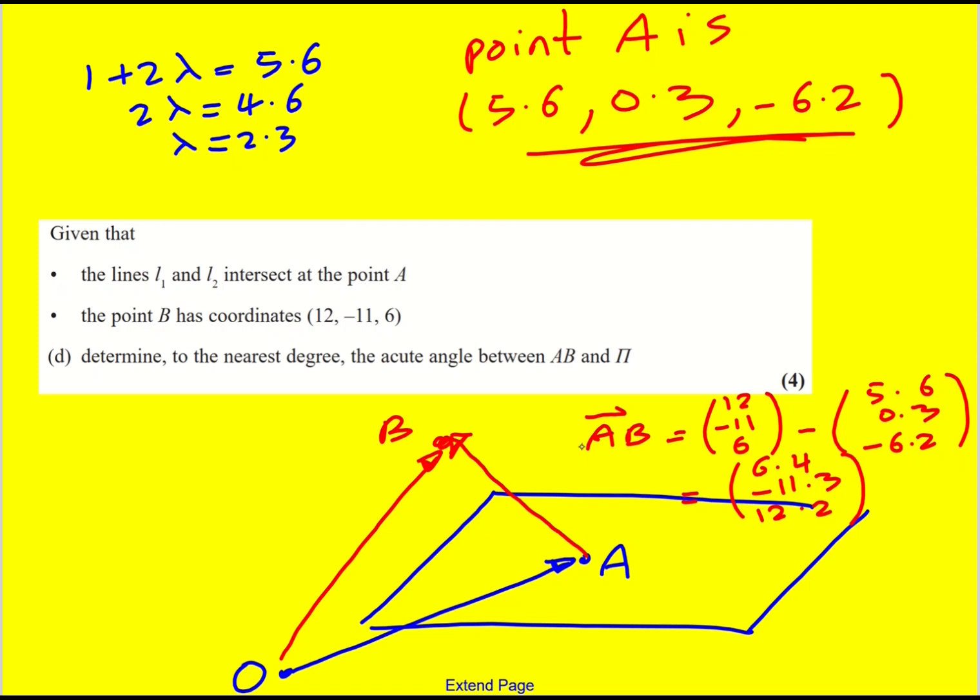But what I'm actually going to do is use the normal vector, because I don't have this vector here at the moment, but I do have a normal vector. So if I can find this angle, I can then do 90 minus it, and that will give me the angle between AB and the plane. And just want to remind you that the normal vector was equal to 3, minus 10, minus 1.